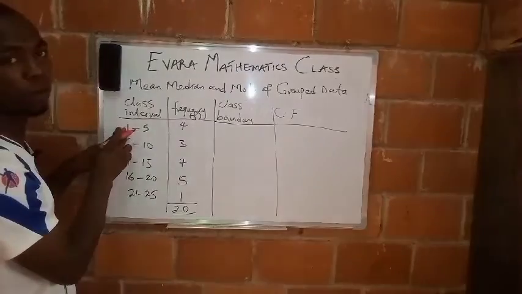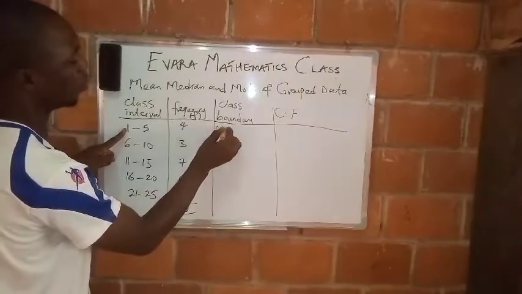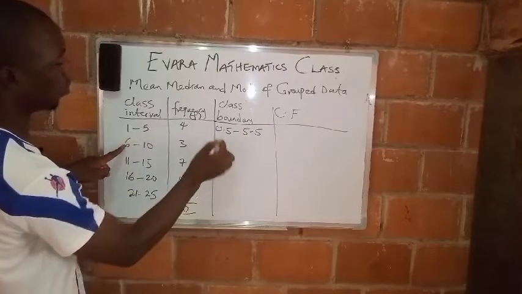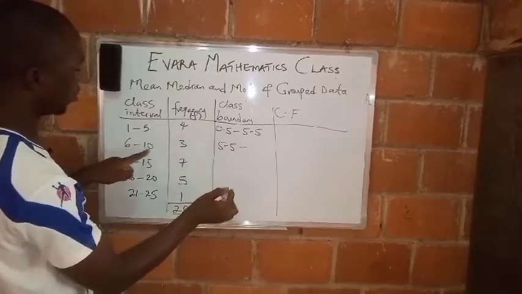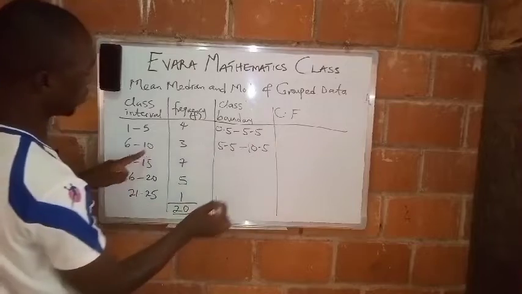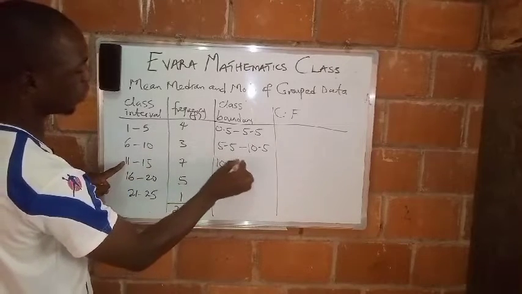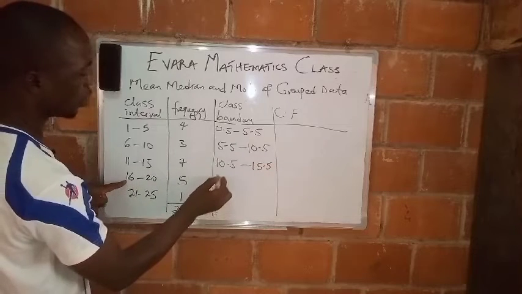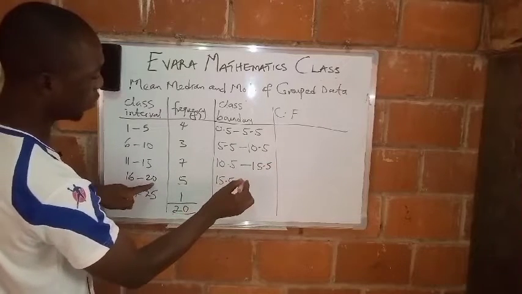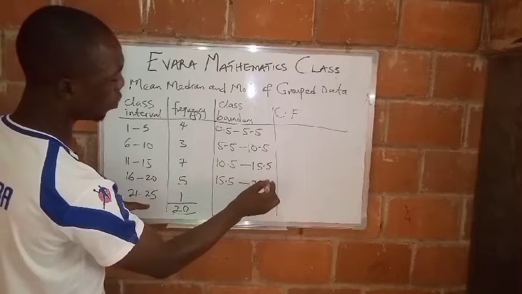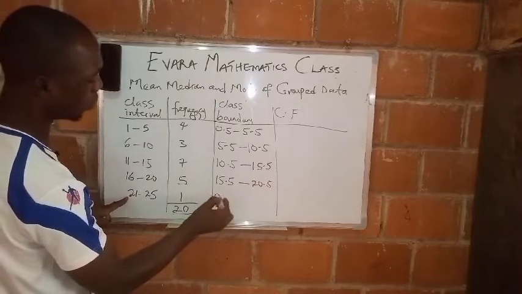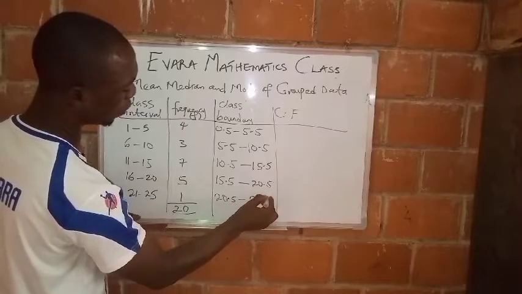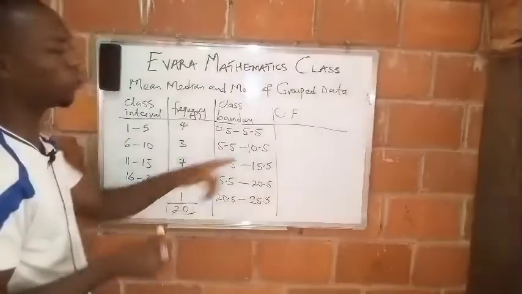So if you subtract 0.5 from here, this one becomes 0.5, and this one becomes 5.5. This becomes 5.5 to 10.5, then 10.5 to 15.5, 15.5 to 20.5, and 20.5 to 25.5.